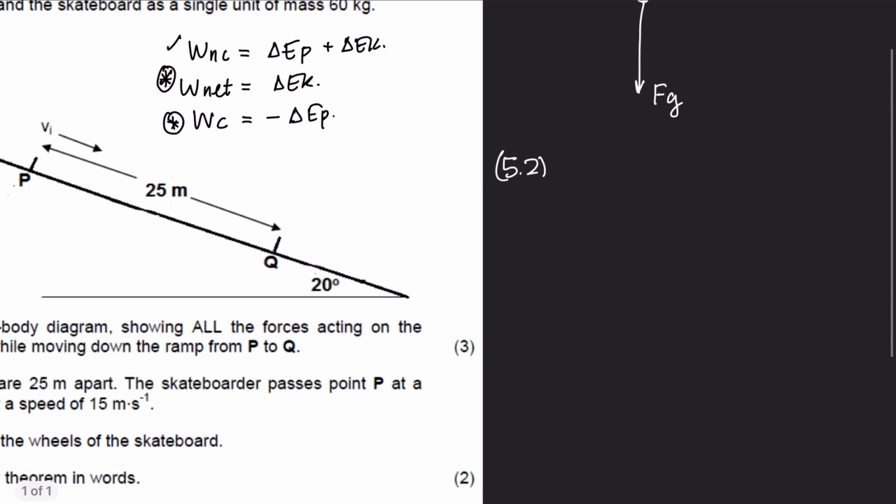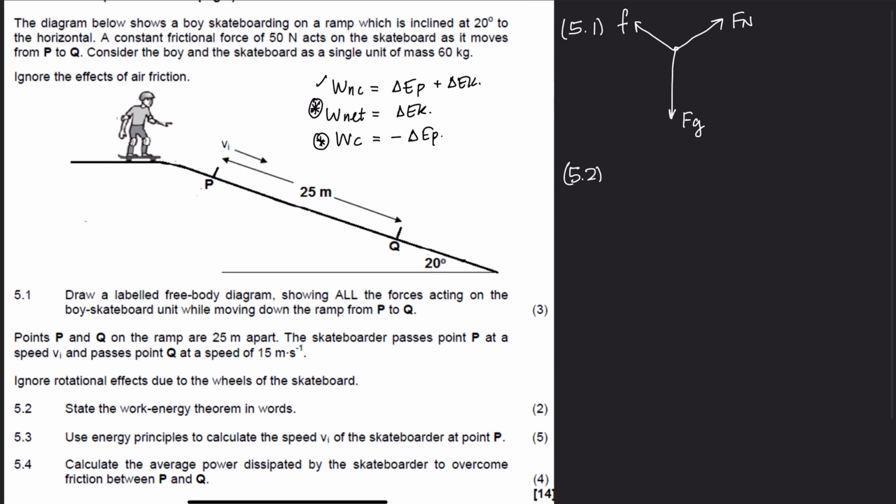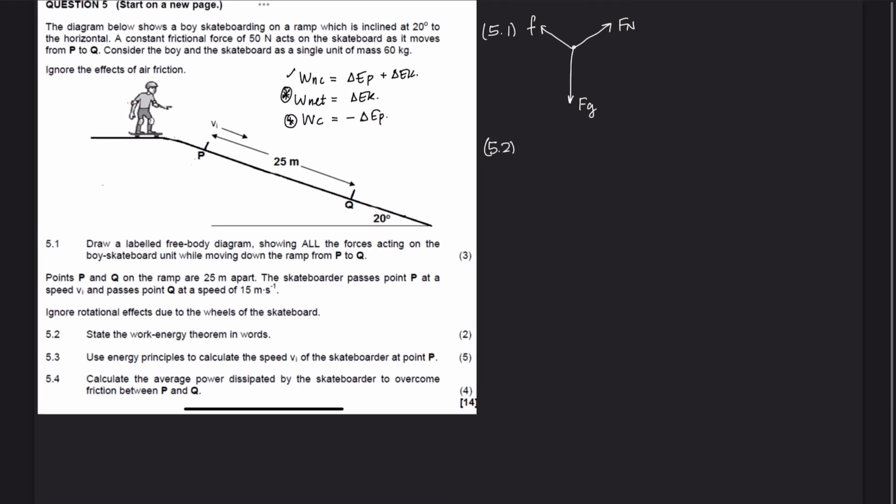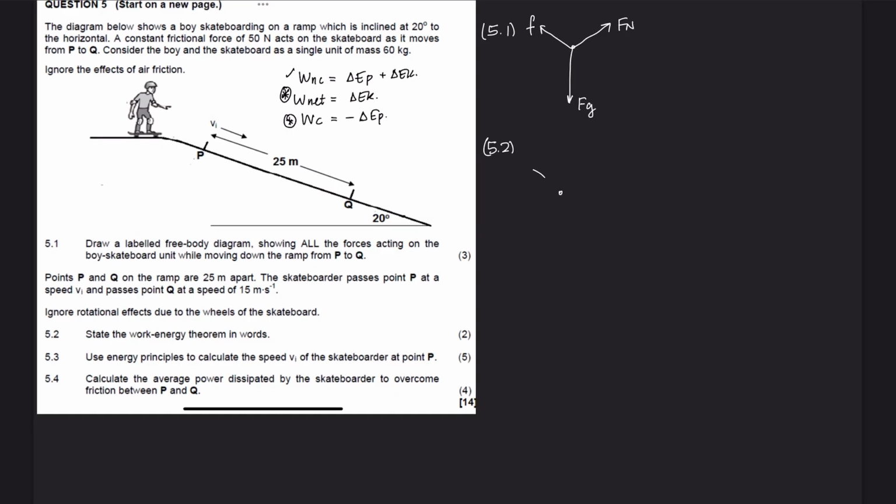Okay, now let's consider W net. What's W net going to be? Remember, there are 2 forces that are actually in play here. If we just sketch out the forces, there's going to be a frictional force that's slowing down the skateboarder, and there's going to be the force of gravity parallel that's pulling the skateboarder down. The normal force and the perpendicular component are acting at 90 degrees and 270 degrees, and so they're not going to do anything.